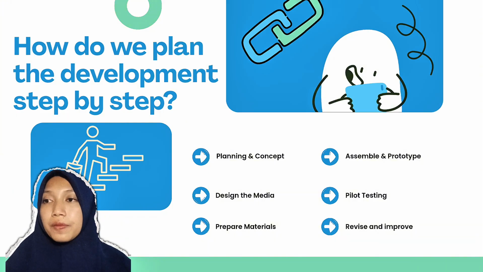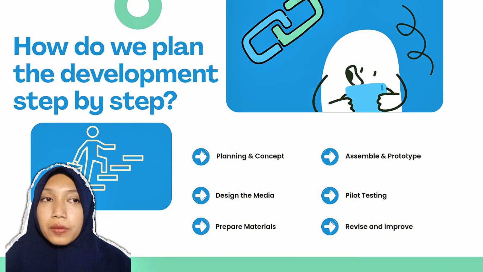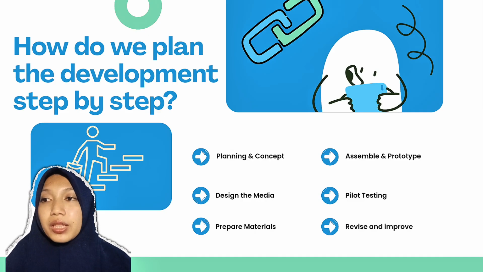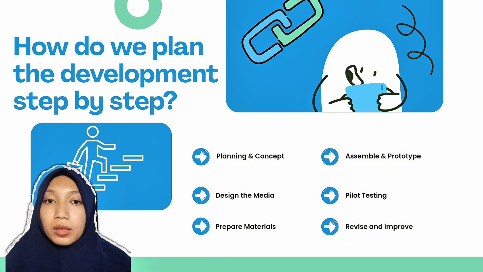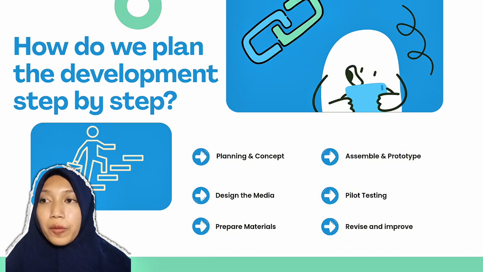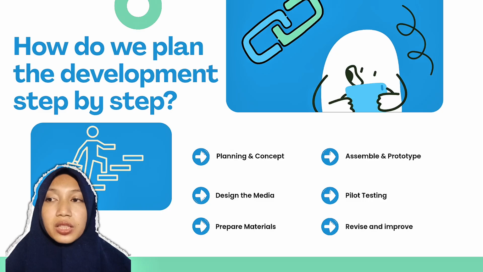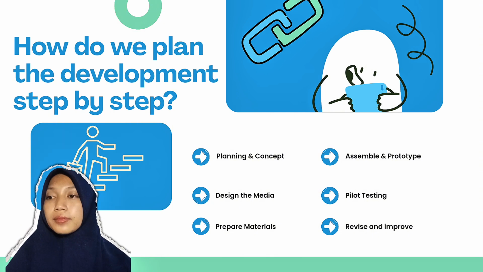For step 5, we do pilot testing. We try the spinner with a small group of our friends, and observe if the topic is clear and the challenge rules are understandable. And then we collect feedback about readability, engagement, and the flow.